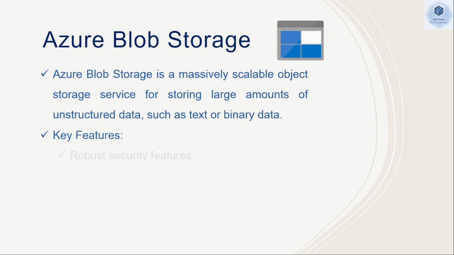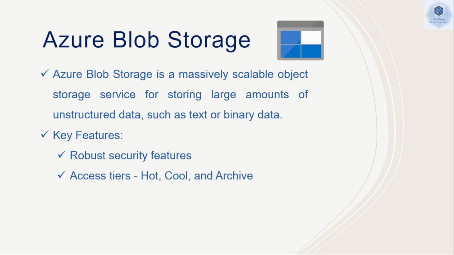Some of the key features of blob storage are robust security for your data. Azure performs all the encryption and security for your blob storage, and your data will be securely stored in the cloud. We have different access tiers available in Azure Blob Storage or ADLS Gen2: hot, cool, cold, and archive.